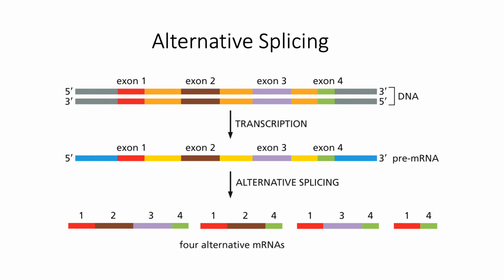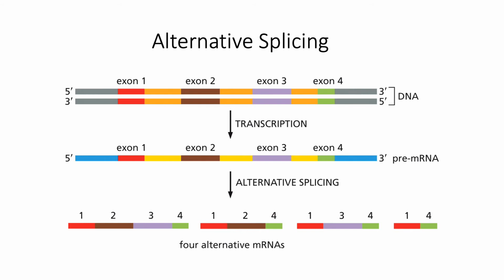So it's showing 4 alternative messenger RNAs. On the one on the left, all the exons are included. This will make a protein. In the one next to it, exon 3 is not present. So you have exon 1, 2, and 4 joined. In the third example, you have exon 2 missing, exon 1, 3, and 4 joined. And in the last example, you have exon 2 and 3 missing.